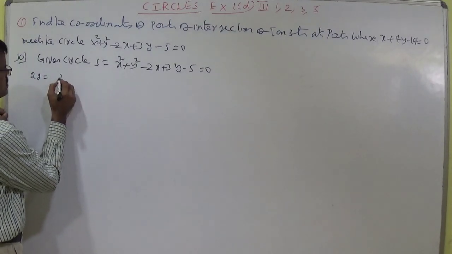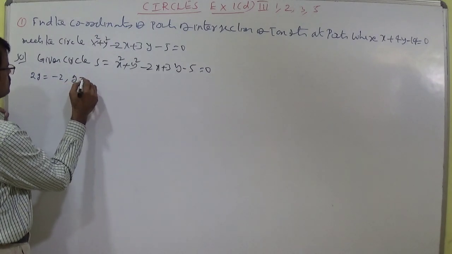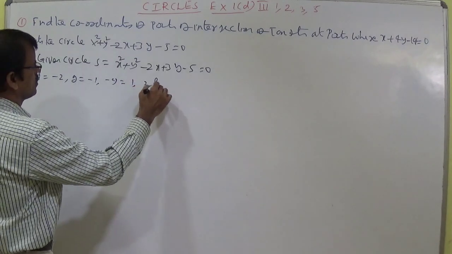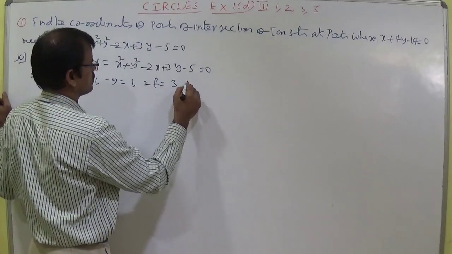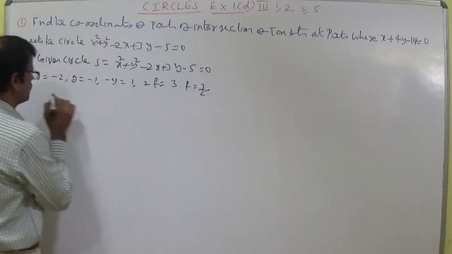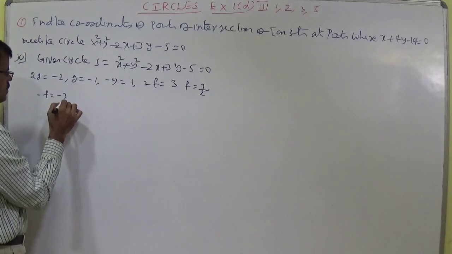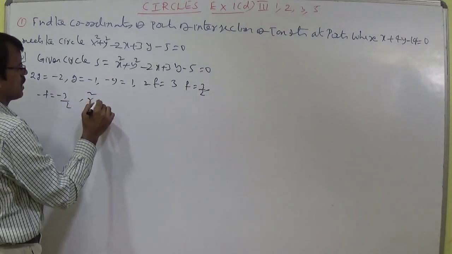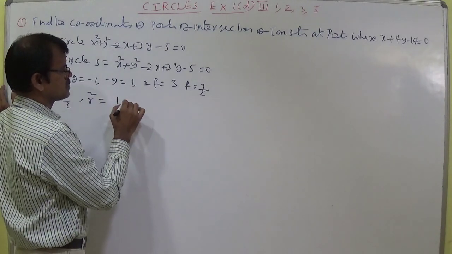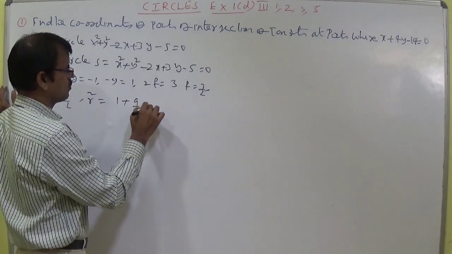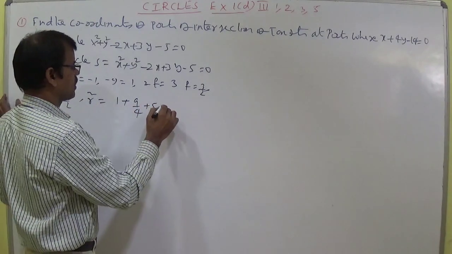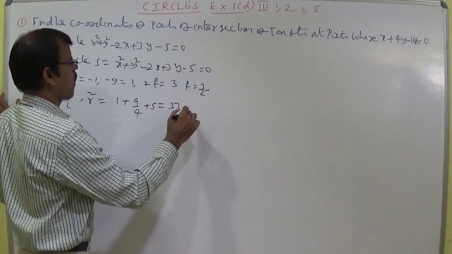According to the 2g concept here, 2g equal to minus 2, g is equal to minus 1, minus g is equal to 1, 2f equal to 3, f equal to 3 by 2, minus f is equal to minus 3 by 2. Again r square we need. r square value is g square plus f square minus c. So this is 1 plus 9 by 4 plus 5, that is 33 by 4.